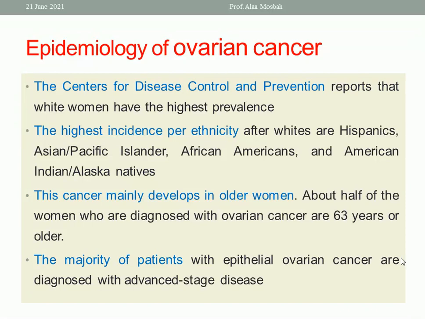Also, I can say that among Ashkenazi Jews, ovarian carcinoma is common, and the possibility of occurrence is 1 in 50, while in the general population the possibility of occurrence of ovarian carcinoma is 1 in 300 to 800. Imagine the difference. So Ashkenazi Jews have a very high risk of ovarian carcinoma.